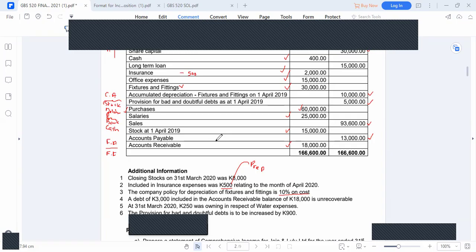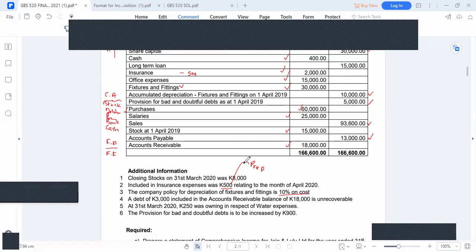Okay, so meanwhile, we need to look at the format of the adjustments here. Let's go through the adjustments. So the closing stock will appear in two books. Number one, it will appear in the trading account when calculating the cost of sales.